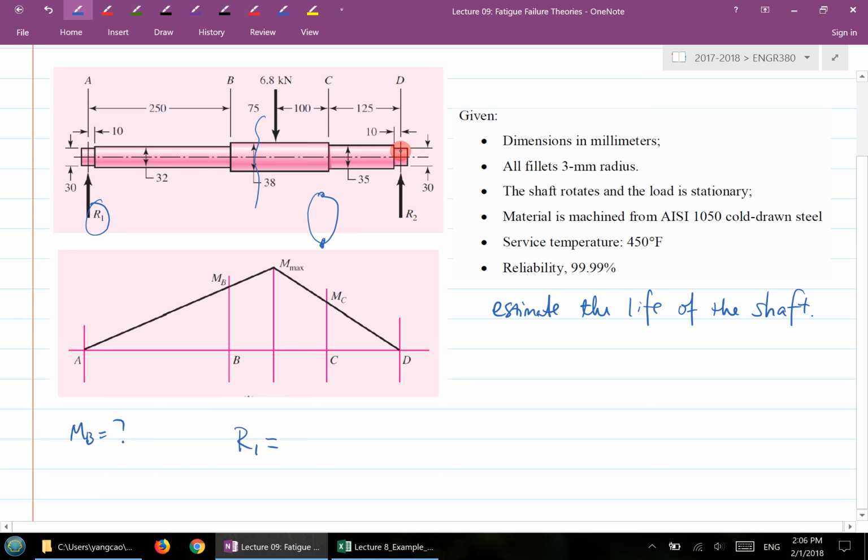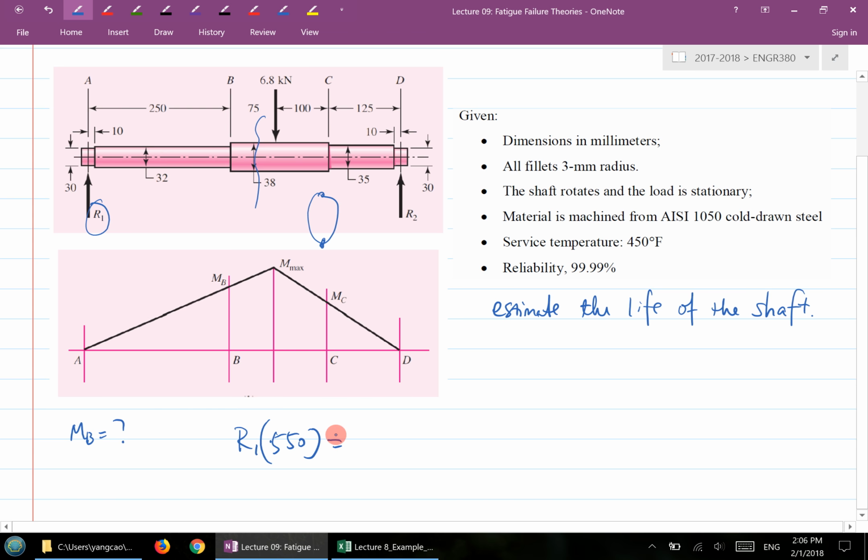R2, then things have to be in equilibrium. So the moment generated by the 6.8 kilonewton from here to here should be the same as the moment generated by the R1 from here to here. So R1 times from here to here is how much? 250 plus 70 plus 100 plus 125, which is 550.